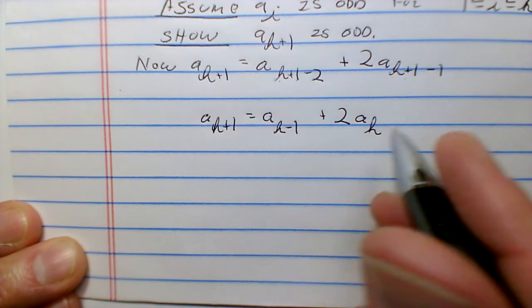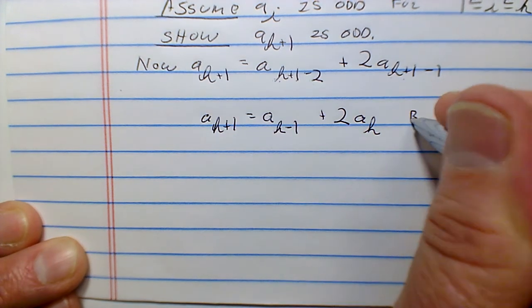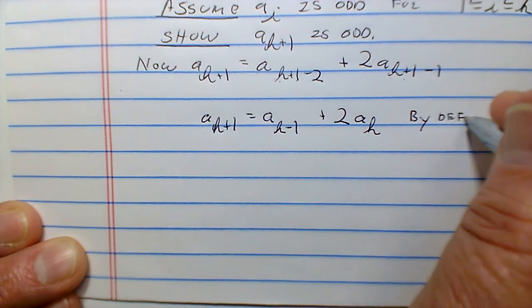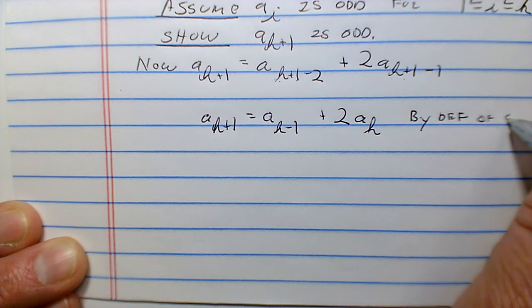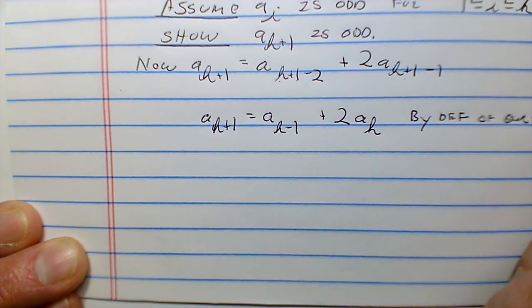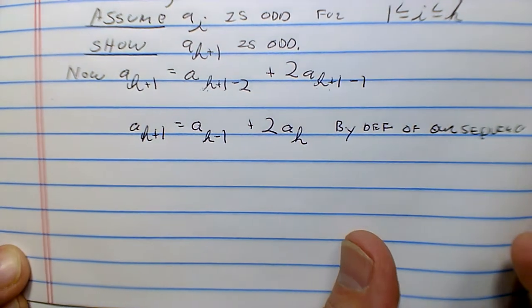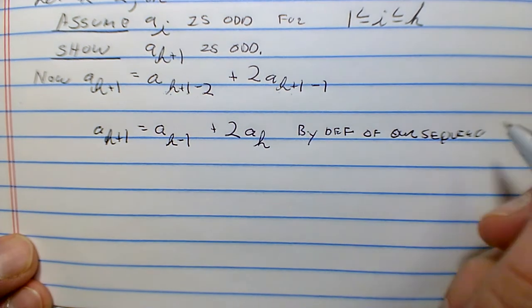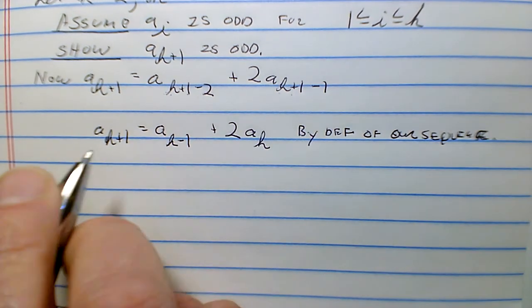The reason we know this is the definition of our sequence. It was defined in the problem.